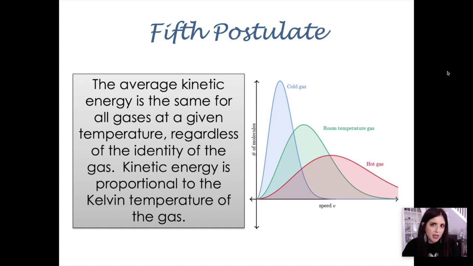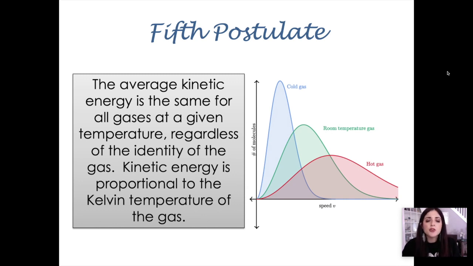Despite the molar mass of a gas, they will have the same kinetic energy at a certain temperature. So helium gas and carbon dioxide gas will have the same amount of kinetic energy at 300 Kelvin. However, the velocities that they move might be a little bit different, which is interesting. But again, I digress. This is something we're going to do in class.